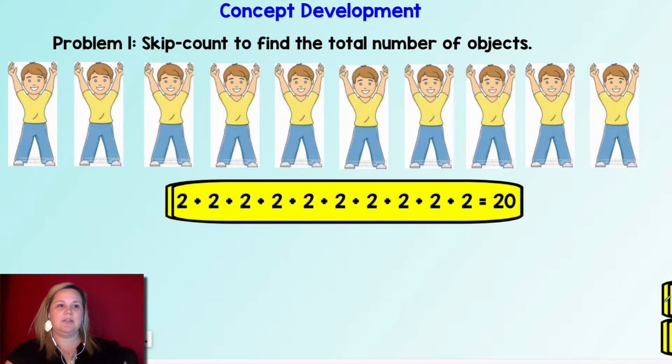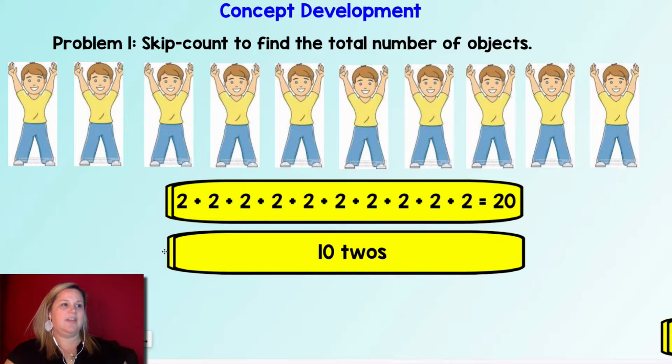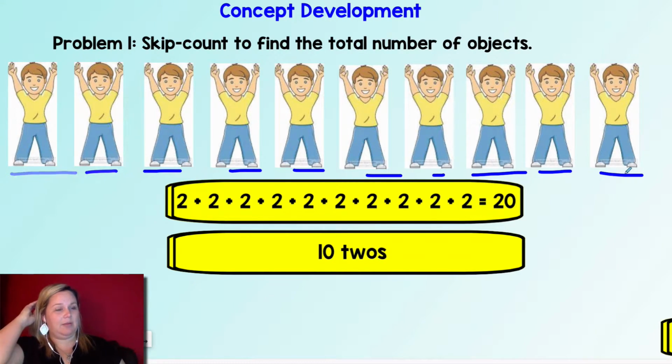Okay, let's reveal. Ready? There are 10 2s in this problem. So if I go back and look again here, I have 1, 2, 3, 4, 5, 6, 7, 8, 9, 10. There are 10 2s in this problem.